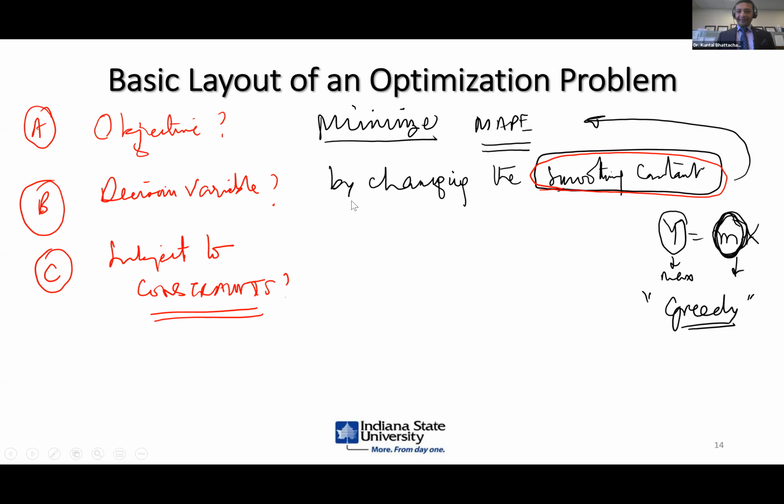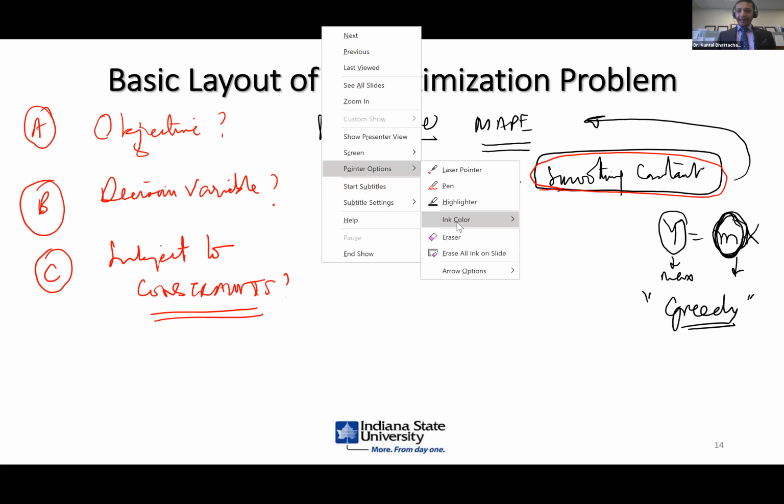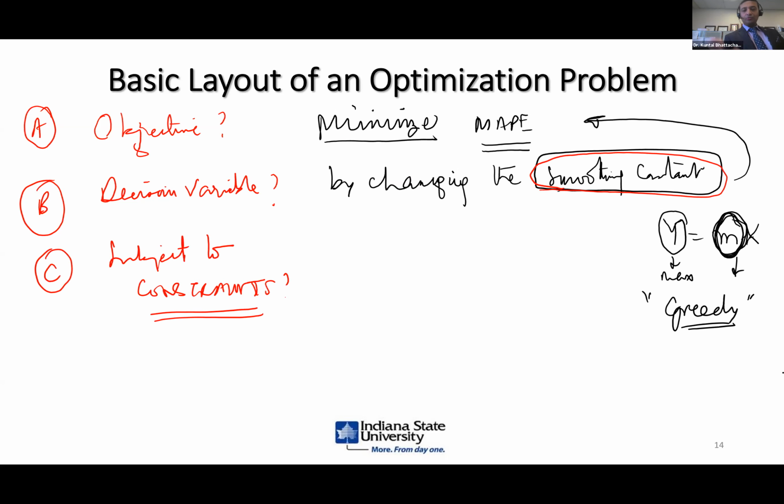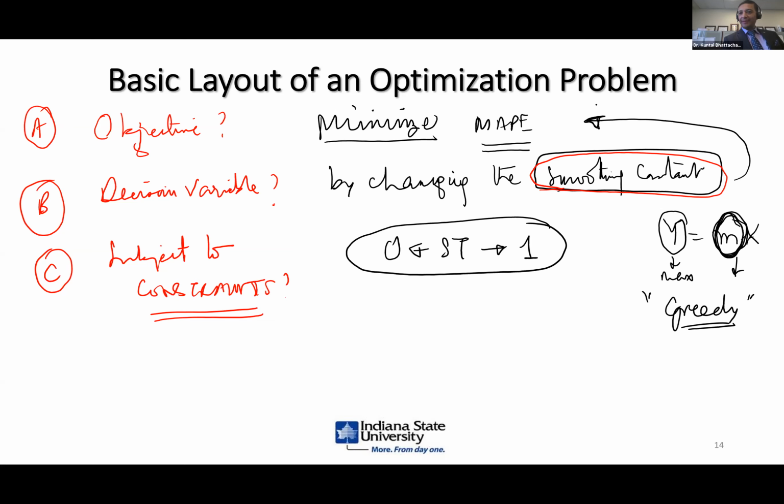And so in this example, as you can very well identify, the smoothing constant is a proportion that takes a value between 0 and 1, right? And so that is the constraint that you will use to try and change the smoothing constant value in order that you can minimize the MAPE.